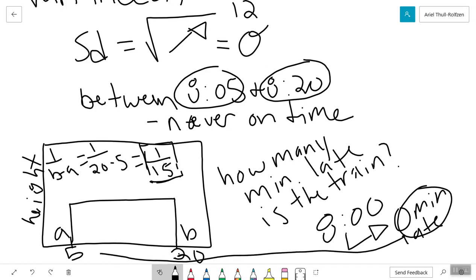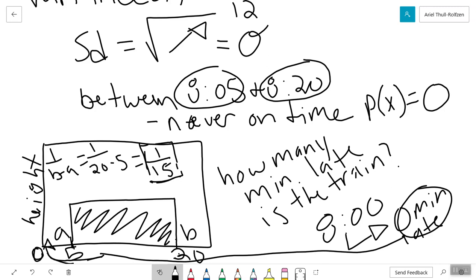No, it's not between 5 and 20. It's way over here. So the probability is actually going to be 0, because 0 does not lie between 5 and 20. It's not in my rectangle. It's not included in my probability of the train being late.